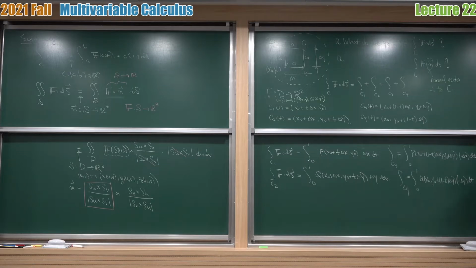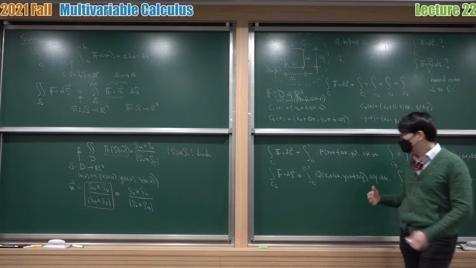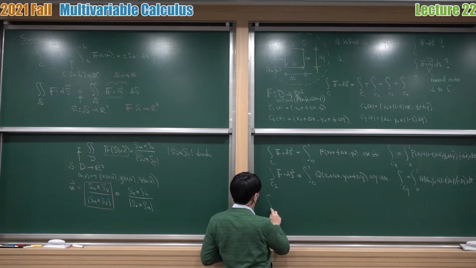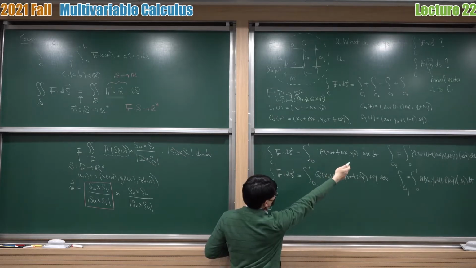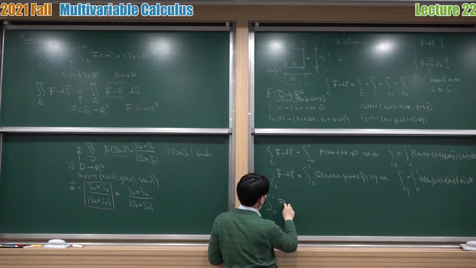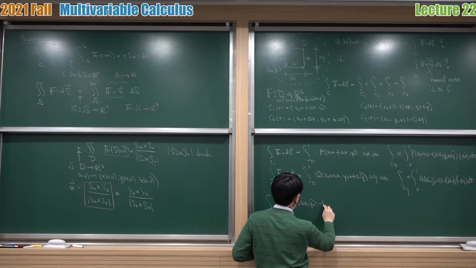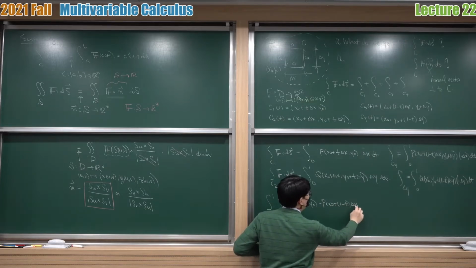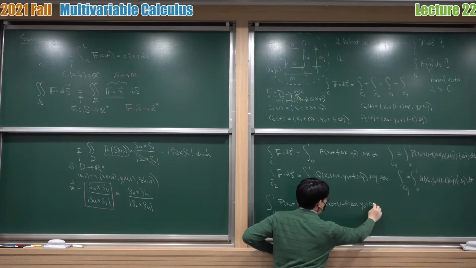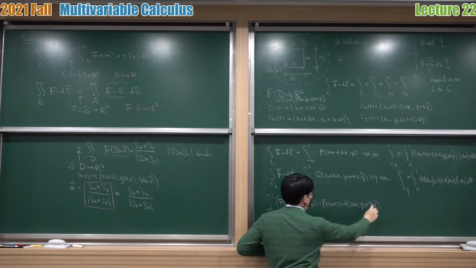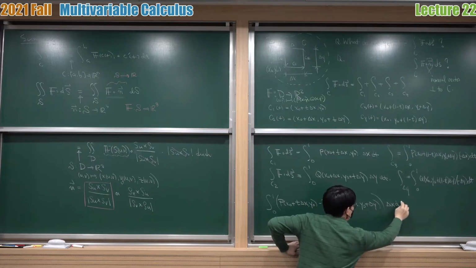Let's combine all of these integrations. So I'm going to combine the left-hand side, which gives the combination of the right-hand side. So let's combine the upper two to get P(x0 plus t delta x, y0) minus P(x0 plus (1 minus t) delta x, y0 plus delta y), and delta x dt, right?